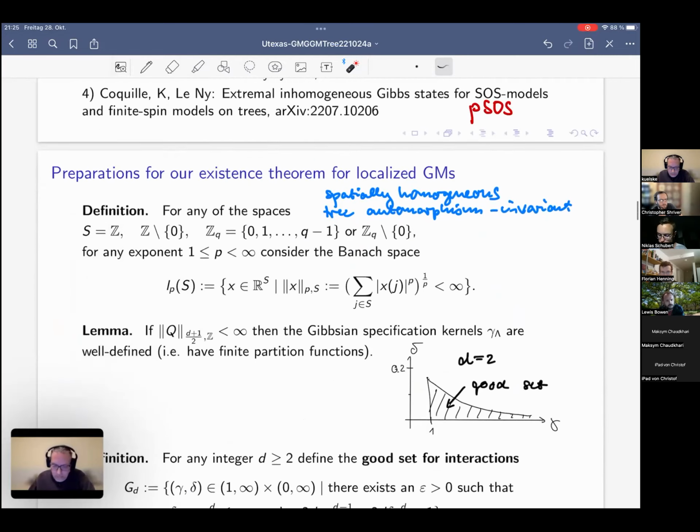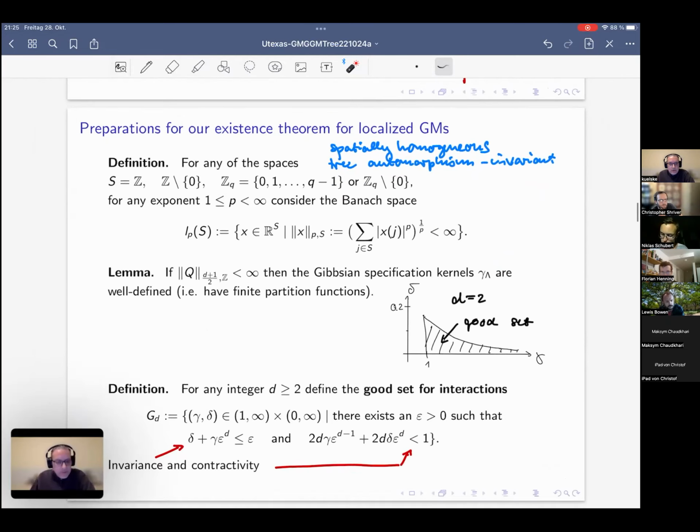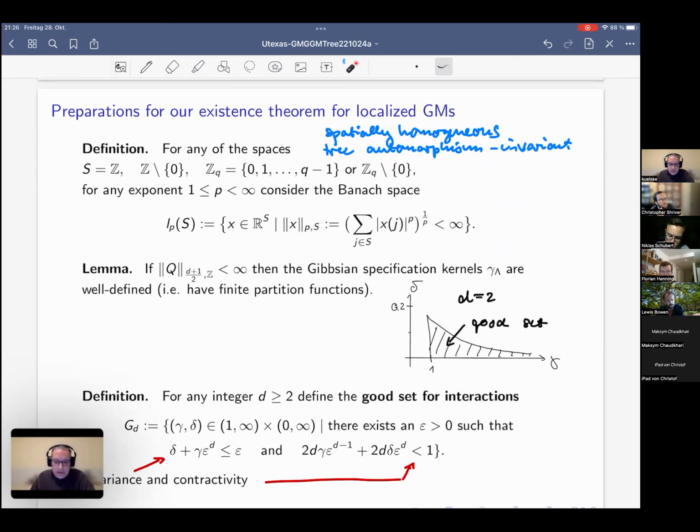Okay, and so let me give you the first theorem. The first theorem is for localized Gibbs measures in the spatially homogeneous case. And this for me is always, by definition, the same as the tree automorphism invariant measures. Okay, so here we introduce some assumptions. As I was saying in the beginning, we are talking about strong coupling assumptions.